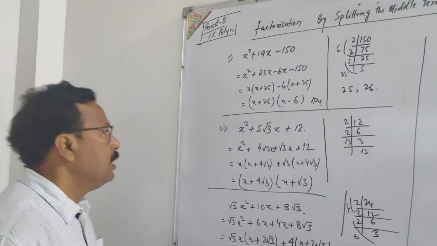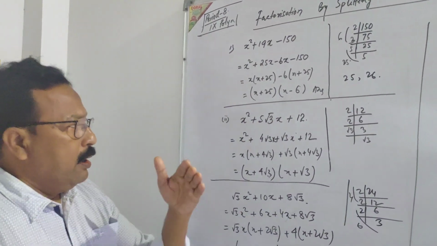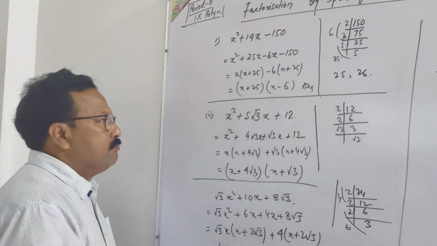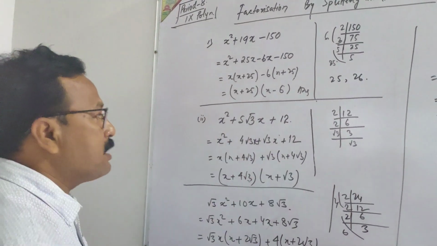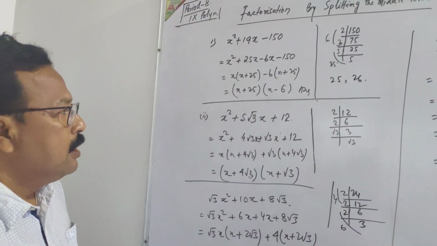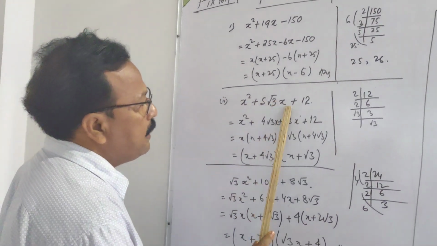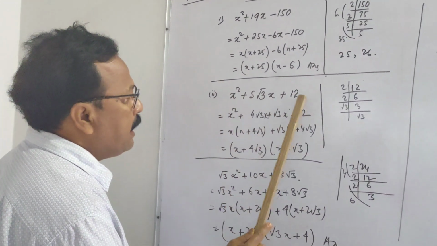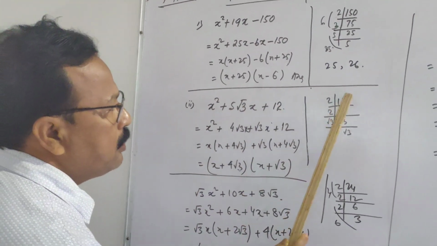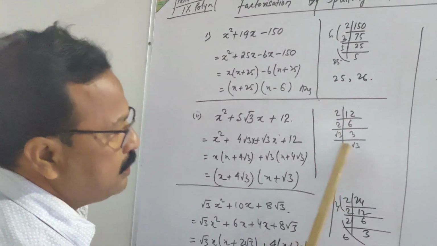And the second question is of this form. Students usually get confused when the coefficient of x, or any of the coefficients, becomes irrational. Now it is x square plus 5 root 3 x plus 12. Again, the coefficient of x square is 1 and here it is 12. We multiply these two, we get 12, and factorize this in such a way.